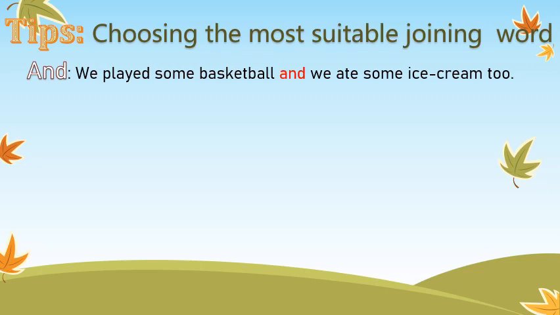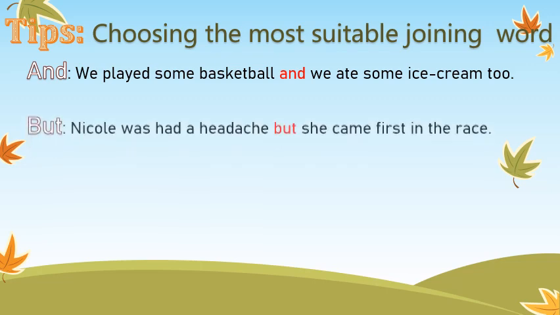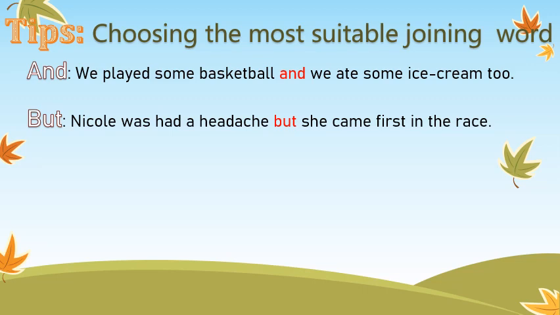It is just a report of a series of actions, things that have taken place one after another. But when we use "but", our expectations from the first part of the sentence have either been the opposite or something else. So: Nicole had a headache, but she came first in the race.